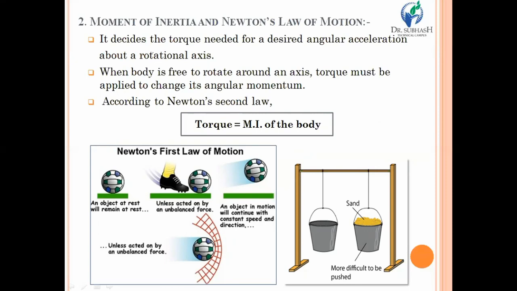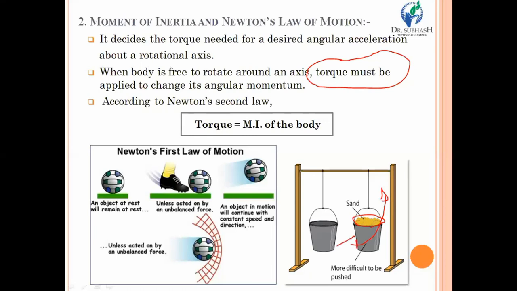So what Newton said is that when a body is free to rotate around an axis, definitely a torque is required. Suppose, look at the bottom diagram. Suppose this is body A and this is body B. Body B is filled with sand or some kind of dense material. And suppose you require to rotate it in either direction.